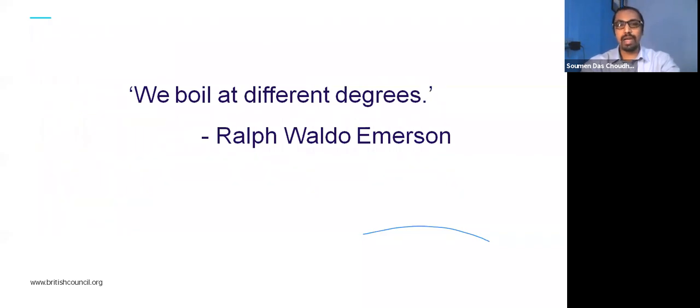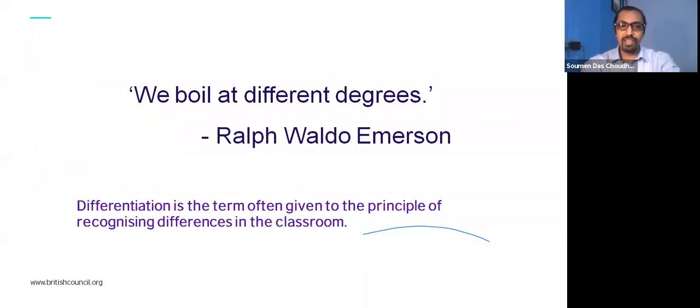Here's a quote by Ralph Waldo Emerson: "We boil at different degrees." What it simply means is that all of us are different, and hence all of us are unique as well. Differentiation is the term often given to this principle of recognizing differences in the classroom.